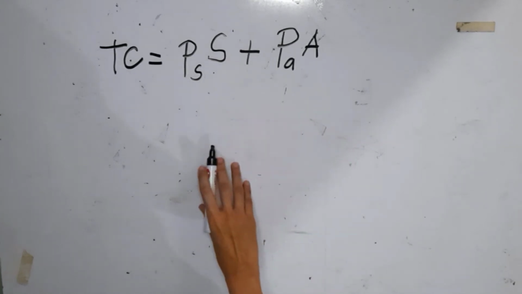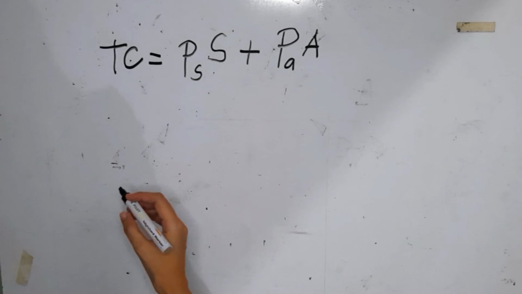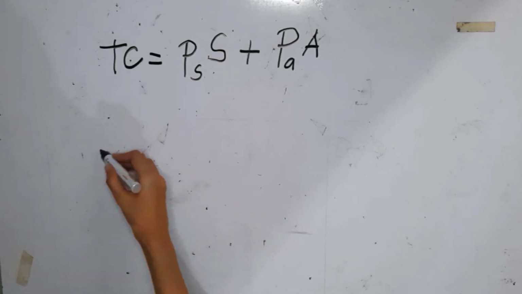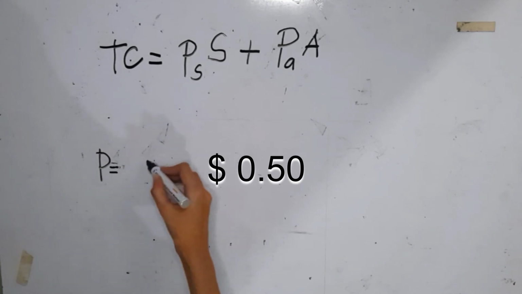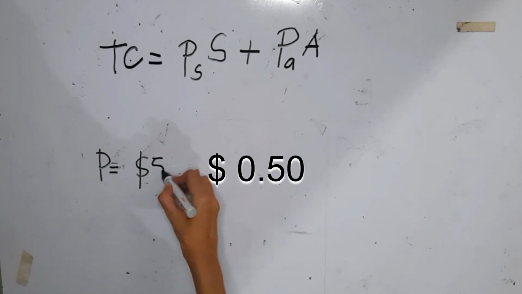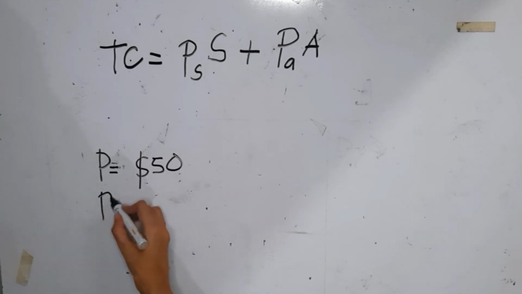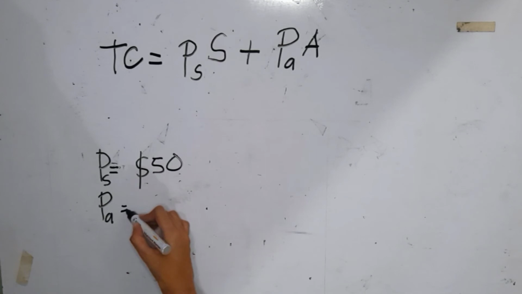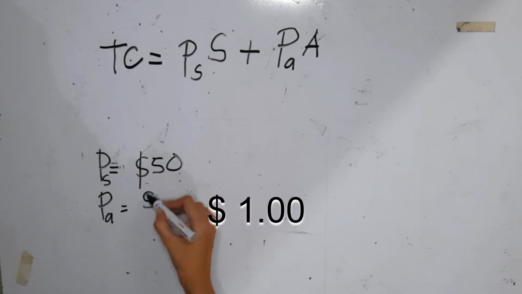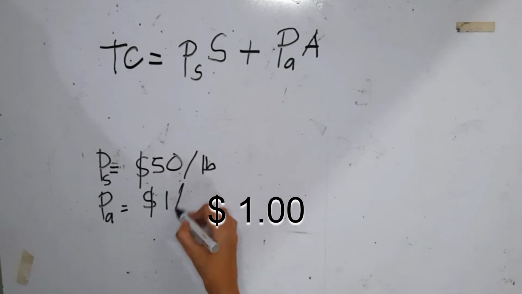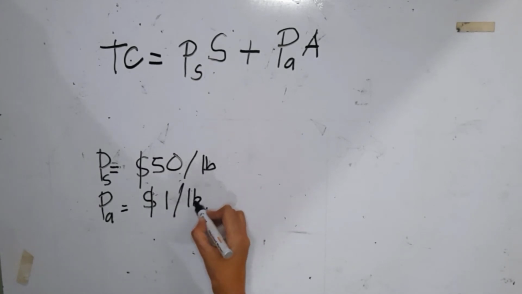Suppose that we have, let's say, the price of our steel at $50 and the price of our aluminum at $1, and these are per pound.